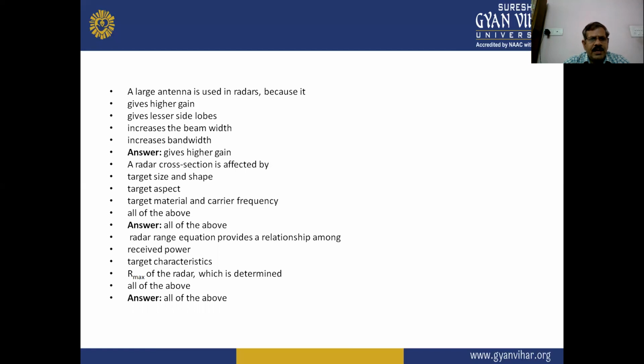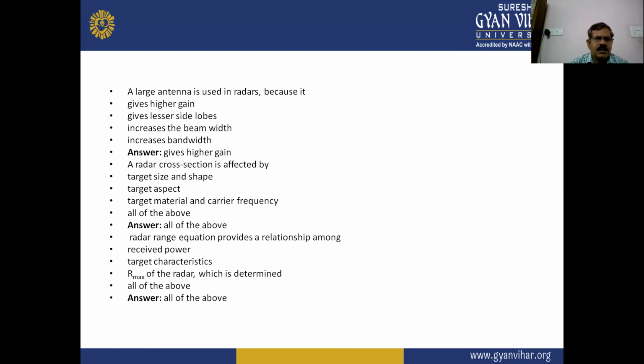In the next question, radar cross section is affected by: option A, target size and shape. B, target aspect. C, target material and carrier frequency. D, all of the above.